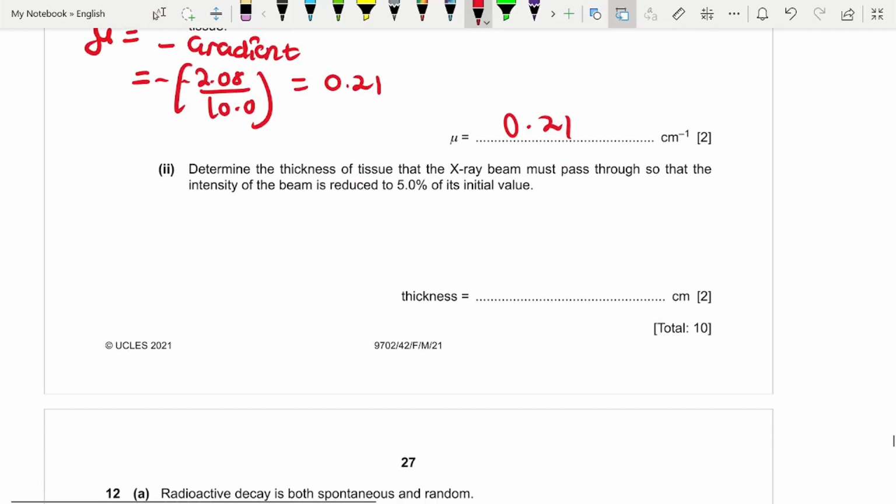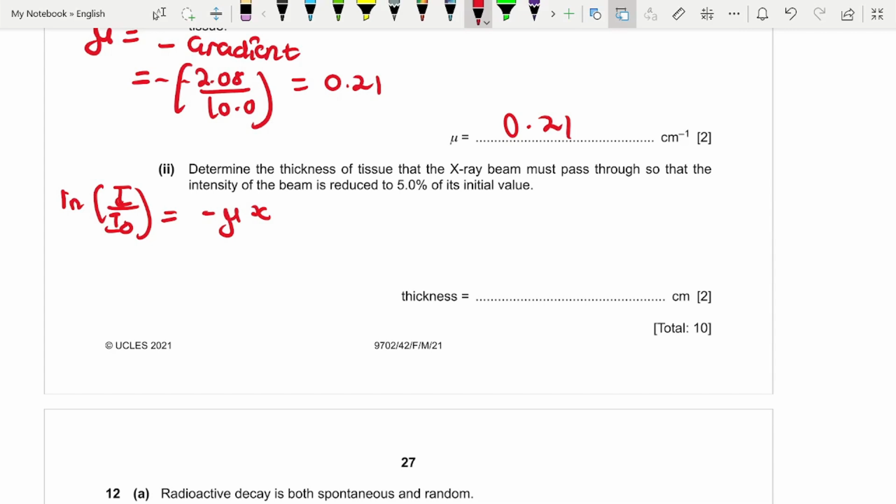Right. Now I want to determine the thickness of the tissue that the X-ray beam must pass through so that the intensity of the beam is reduced to 5.0% of its initial value. Remember, we said ln of I over I0 is going to be equal to negative mu multiplied by x. Now I want to find the value of x so that the beam is reduced to 5% of its initial value.